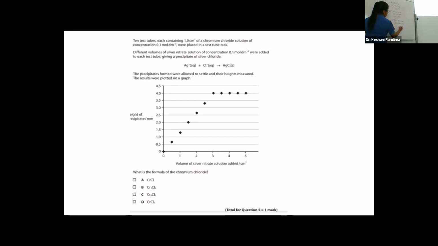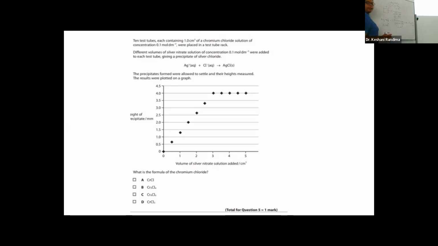We have added silver nitrate, and the precipitate forming is silver chloride precipitate.